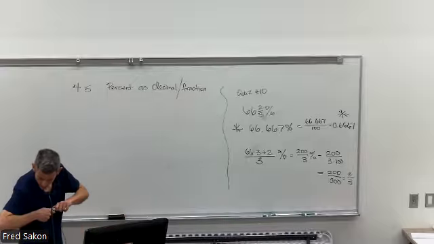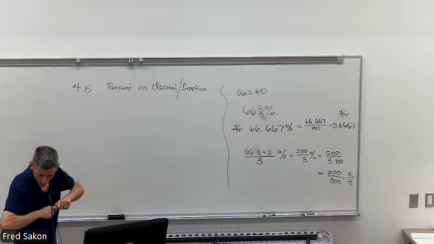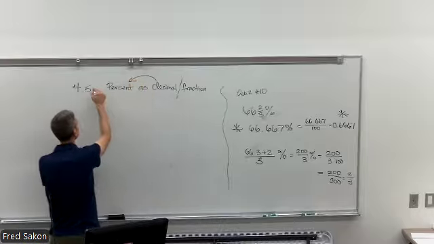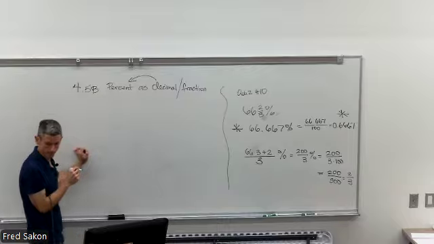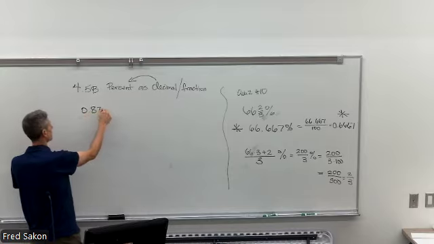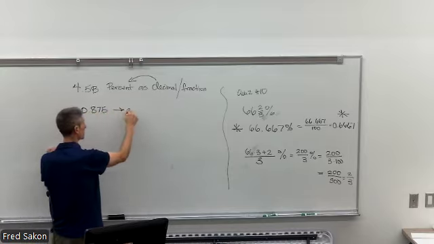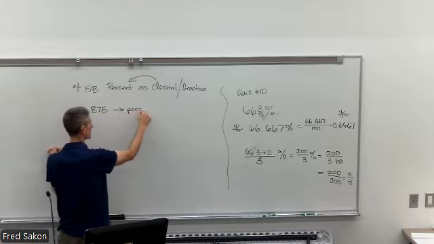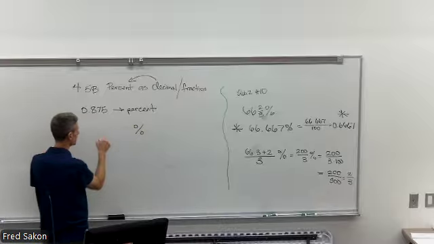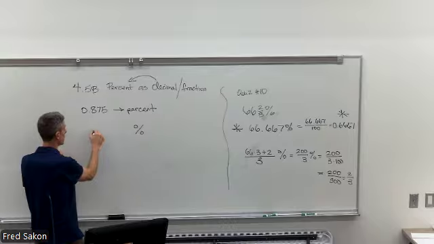Let's go ahead and try to go from decimal or fraction to percent. So kind of the reverse of what we were just doing. For example, if we had 0.875 and wanted to go to percent form, if we want to introduce the percent sign to the decimal form, then we basically do times 100.